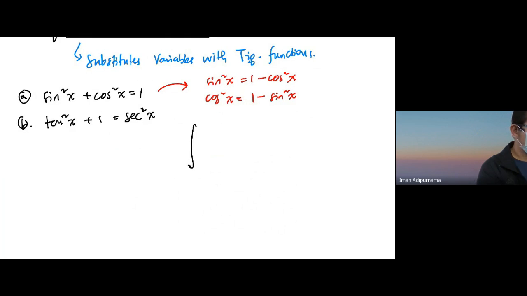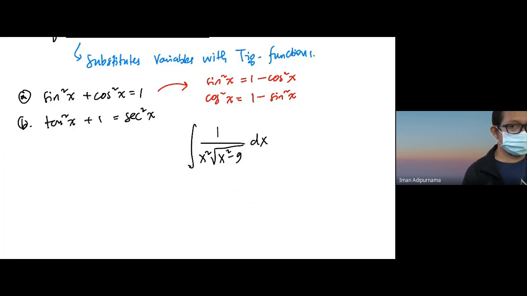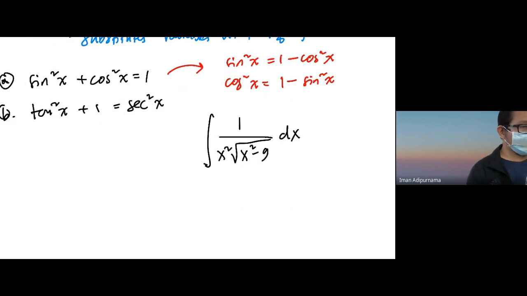Looking at the integral of 1 over x squared times the square root of x squared minus 9 dx, the part that needs to be highlighted is something squared minus 9.